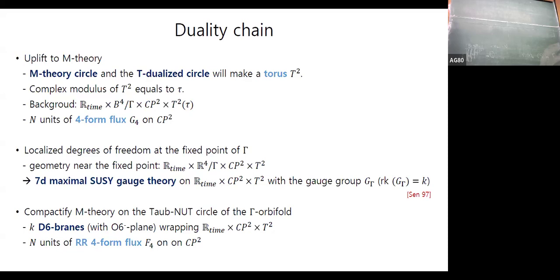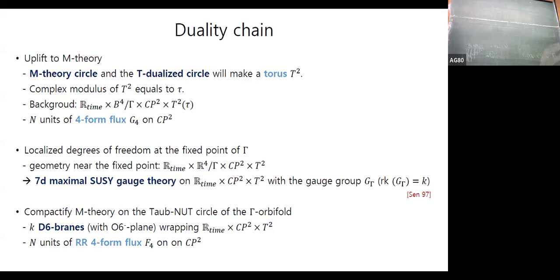And so you're replacing that with R4 mod gamma times S1 times S5, right, because the S1 will be... Yeah. So that S1 is going around, and then you've got the fiber S1 of the S5. You're combining that into a torus equilibrium. Right. And so you needed this duality because you wanted this correspondence, you wanted the statement about what happens at such a singularity.